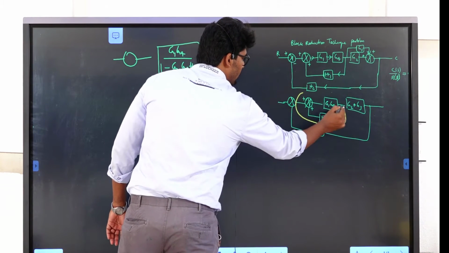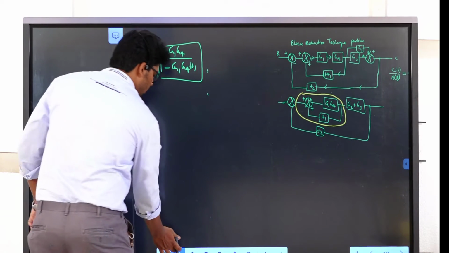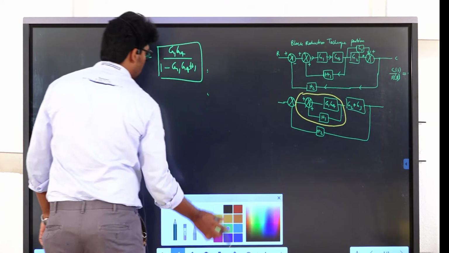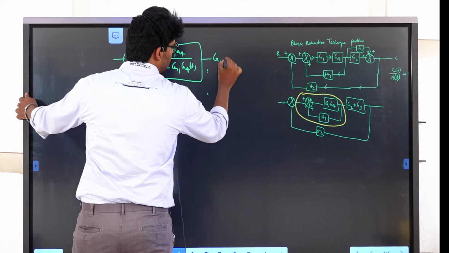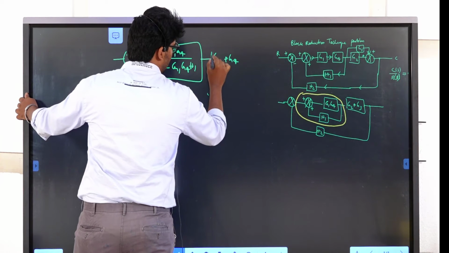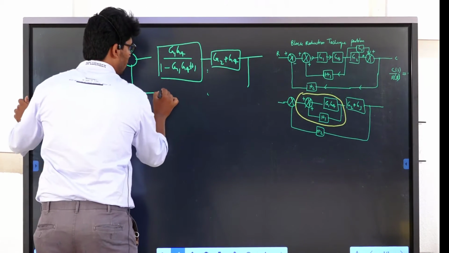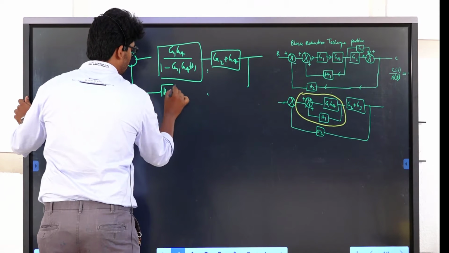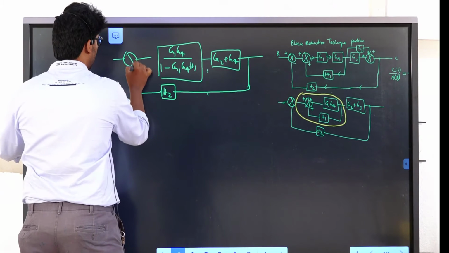I reduce this minor block like this. Now I continue reducing the feedback. I give G2 plus G3 as a normal block, and again close this loop H2, which is a negative feedback.